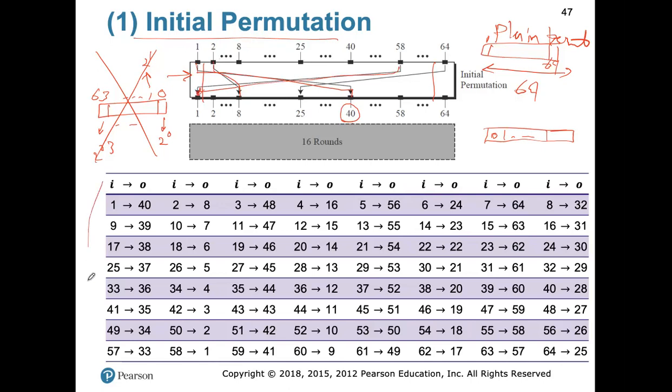This table shows all the permutation, the initial permutation. It is just shuffling the bits of the plain text. 1 goes to 40, 2 goes to 8, 3 goes to 48, 4 goes to 16, and so on. This is called initial permutation.